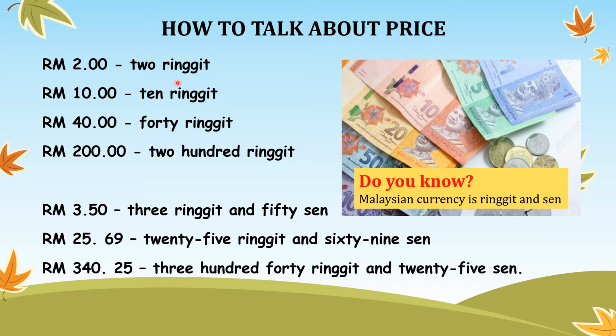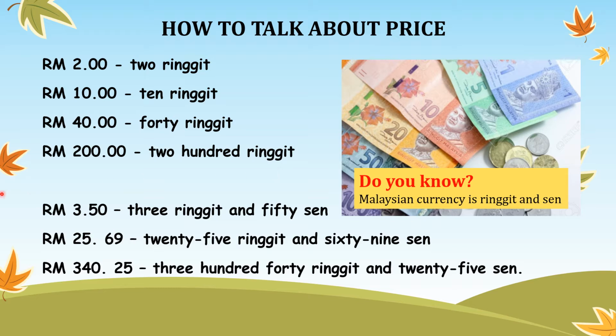So, this is 2 ringgit. This one, 10 ringgit. Next example, 40 ringgit. So this one is 40 ringgit. This one, 200 ringgit. Now, what about when we have sen? Macam mana kalau kita ada sen di belakang?